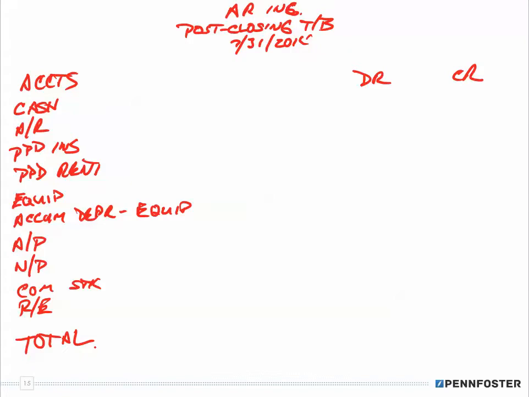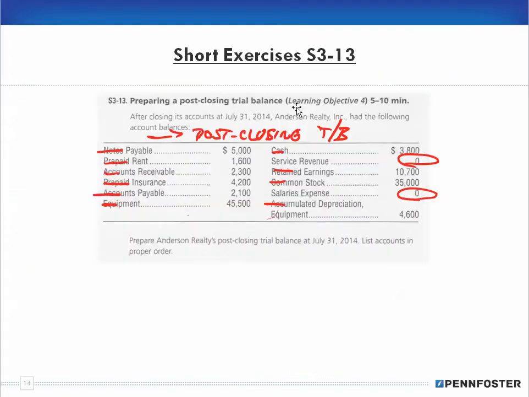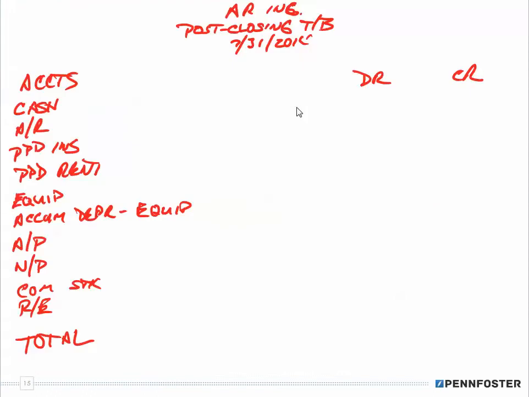We go back up and start taking all of the figures for those accounts and list them. So cash had 3,800, and since it's the first number in the column, we put a dollar sign. Receivables was 2,300.